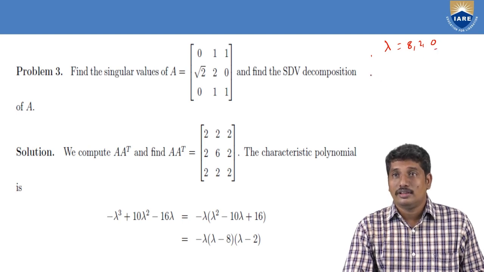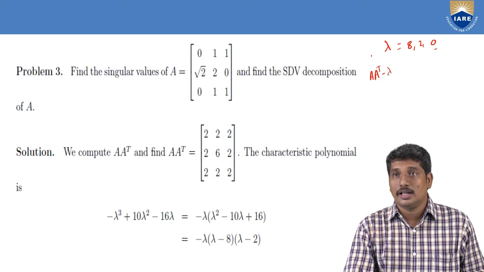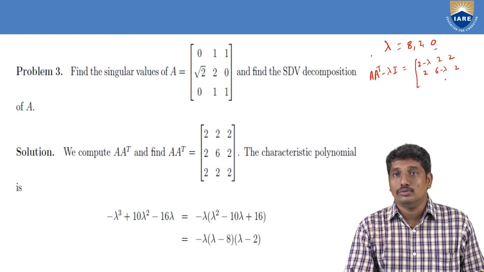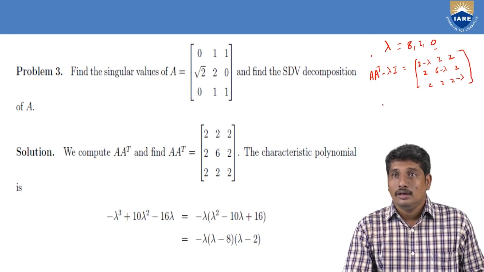For that, I am considering the matrix A into A transpose minus lambda I, which is nothing but 2 minus lambda, 2, 2; 2, 6 minus lambda, 2; 2, 2, 2 minus lambda. Here I am substituting lambda equal to 0.